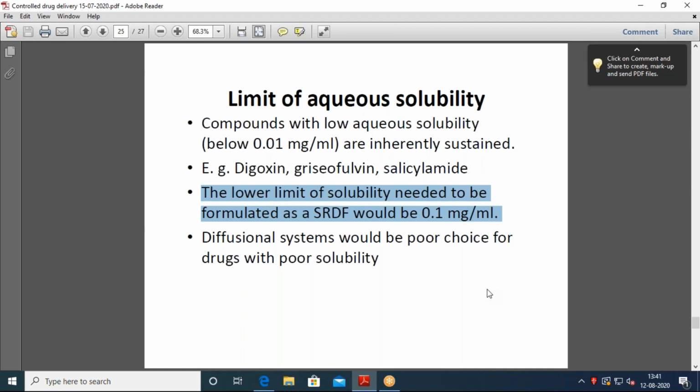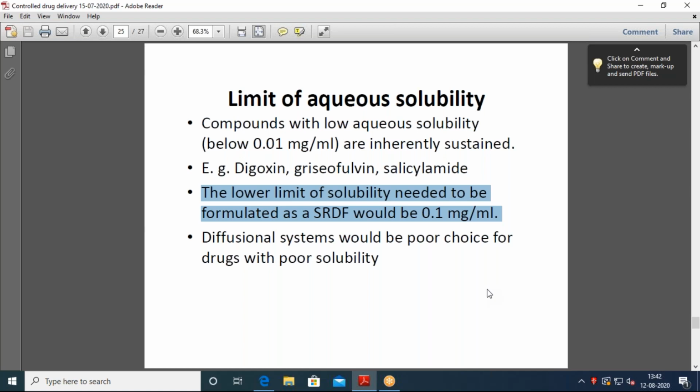How do you define solubility? Anybody? Any idea? Your teachers would have told you. How do you define solubility? Where the solid part of a drug is soluble in solution is known as solubility. Any other definitions other than Nihal? Because I'll tell you a very simple way we can define it. That's the reason I'm asking.